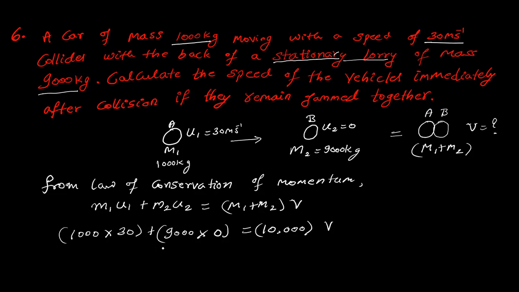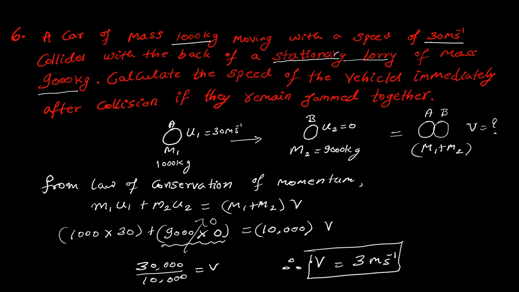Here this term becomes 0, and here 30 into 1000 is 30,000. 30,000 divided by 10,000 is v. Therefore, v becomes 3 meter per second. This is the speed of the vehicles immediately after collision when they jam together.